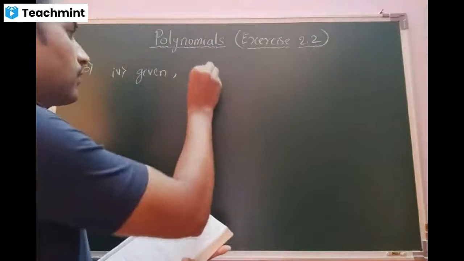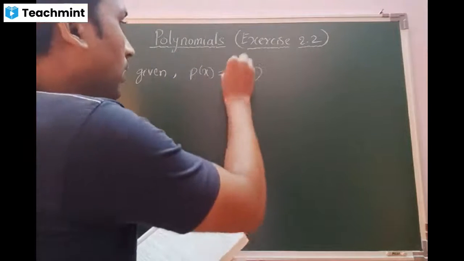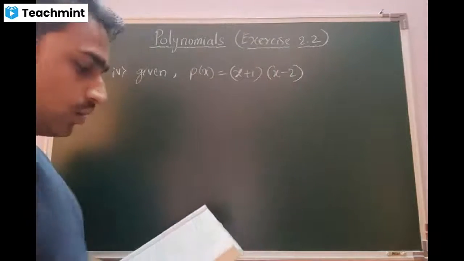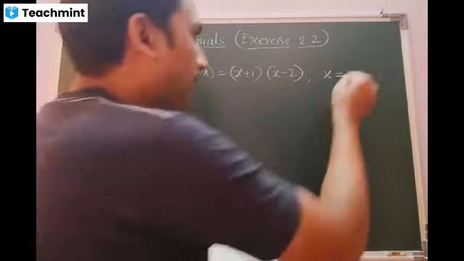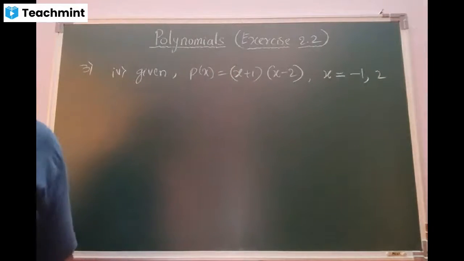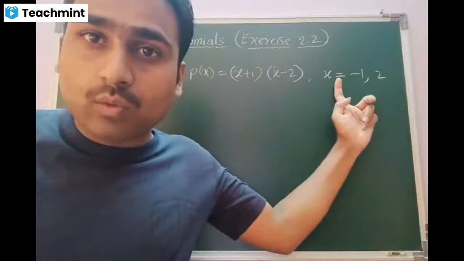P of x is equal to x plus 1, one bracket, into the other bracket x minus 2. They have given a comma and they are telling x is equal to minus 1 comma 2. So now see the change. The change is they have assigned two values for the variable.